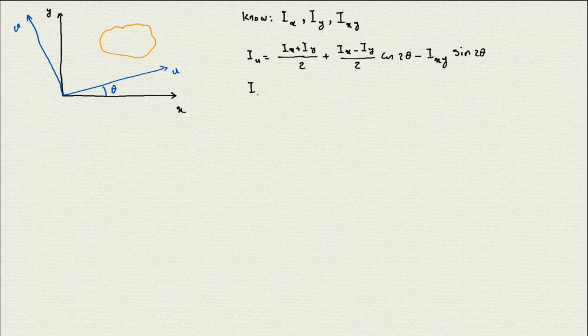The moment of inertia about the v-axis is going to be (Ix plus Iy) divided by 2, minus (Ix minus Iy) divided by 2 times cosine 2 theta, plus Ixy sine 2 theta.